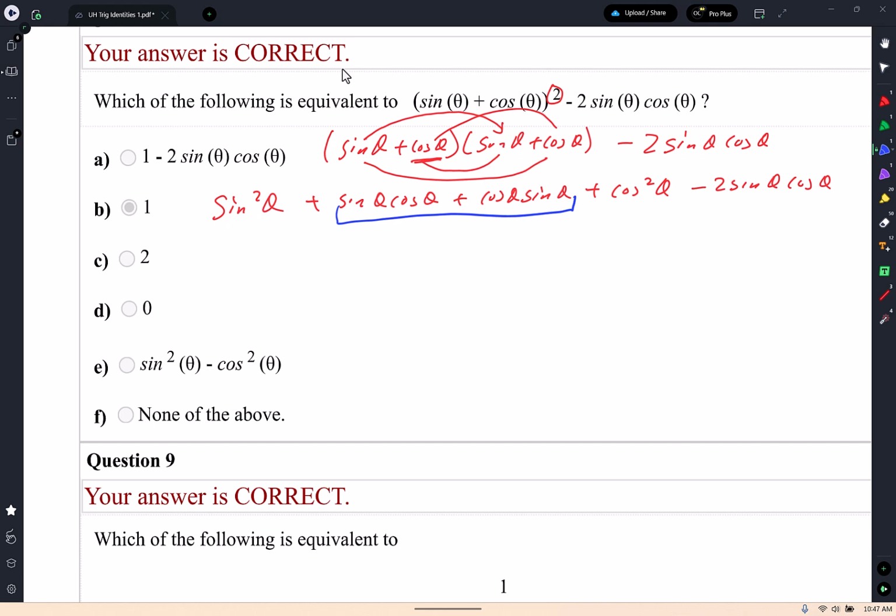Oh, yeah. You're talking about, that cancels out with the other one. Yes, you're getting ahead of me, though. These two right here, there's two of them. So I'm going to rewrite it as sine squared theta plus 2 sine theta cosine theta plus cosine squared theta minus 2 sine theta cosine theta.